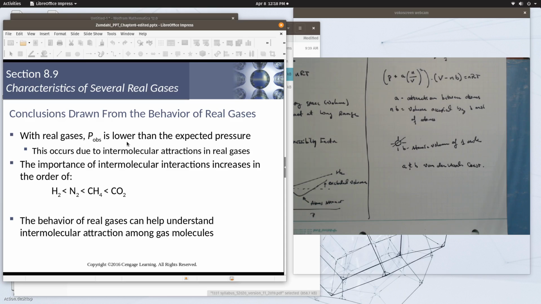The more polarizable, or softer, an atom is, the larger its van der Waals A constant. Of course, the bigger the molecule, the bigger the radius of the atom, and the bigger B is. So those are the two considerations we have to take into account to look at real gases versus ideal gases.